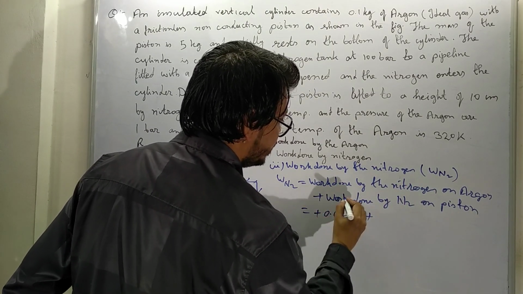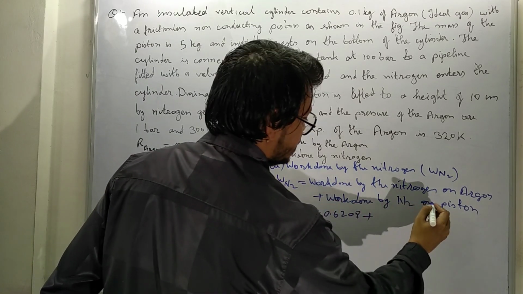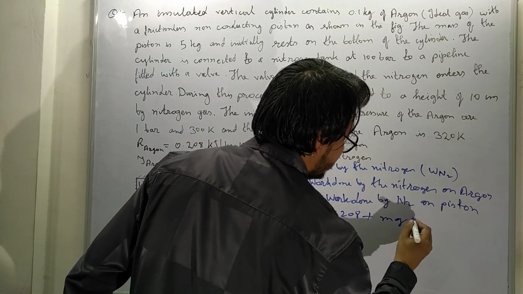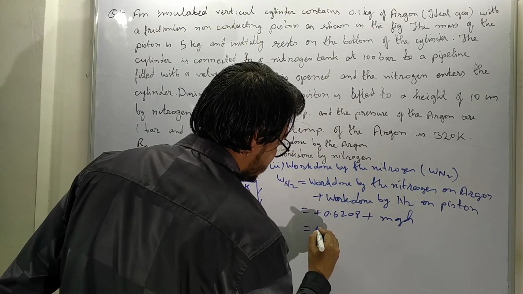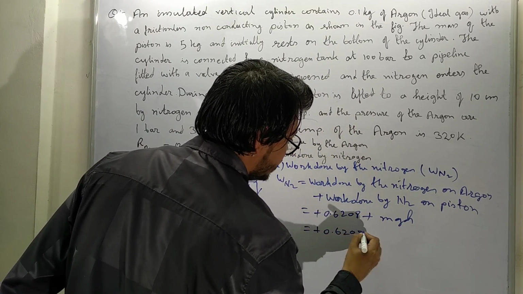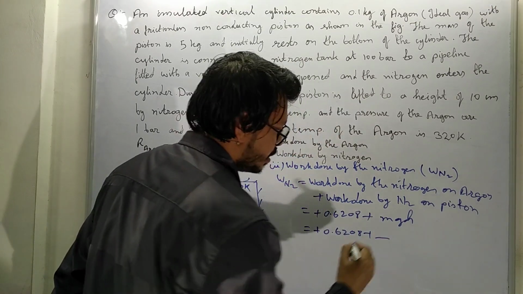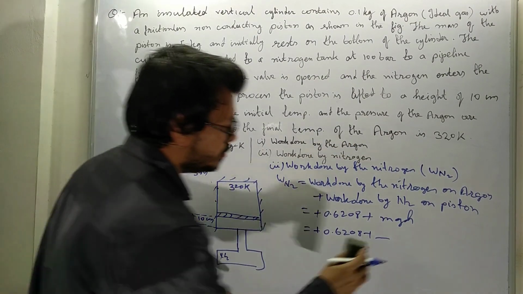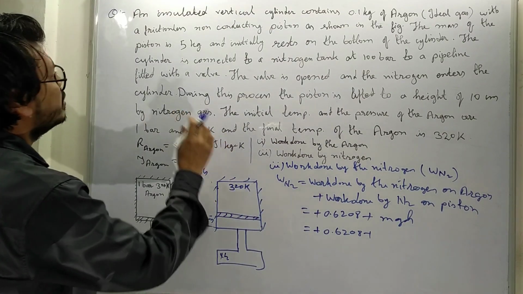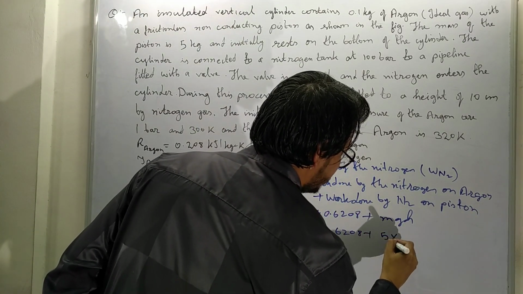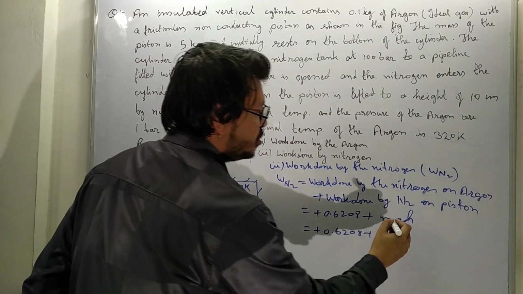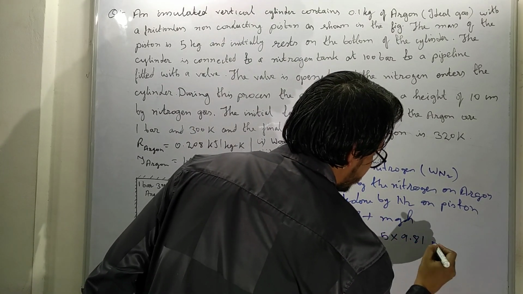0.6208 plus the work done by the nitrogen is mgh, where m is the mass of the piston. So plus 0.6208 plus the mass of the piston, the mass of the piston was 5 kg. So 5 into g, acceleration due to gravity 9.81, into height h.